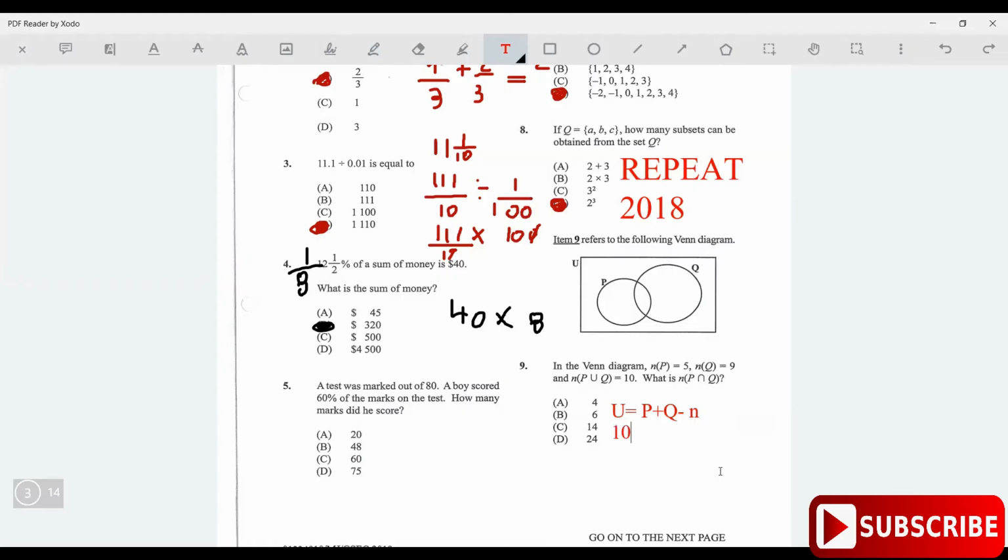So it's equal to number of elements in P is 5 plus number of elements in Q, which is 9, minus the intersection. So make N the subject, we're going to get 10 is equal to 14 minus N. And so N must equal 4. Easy question. Nice.